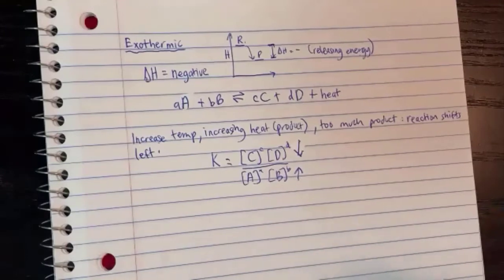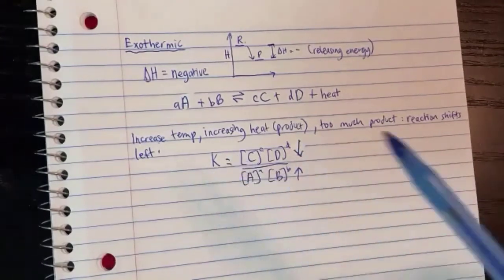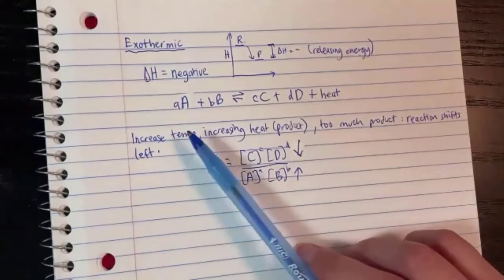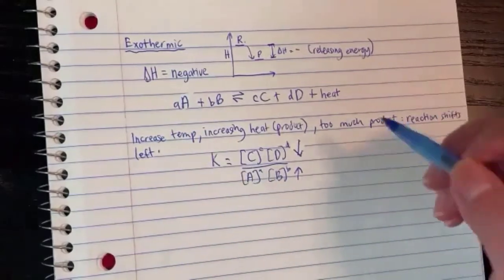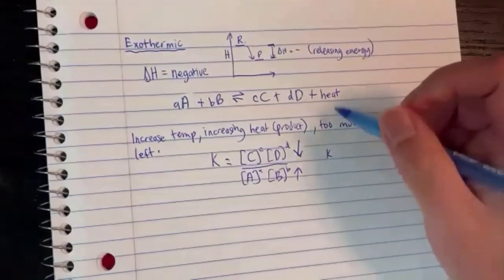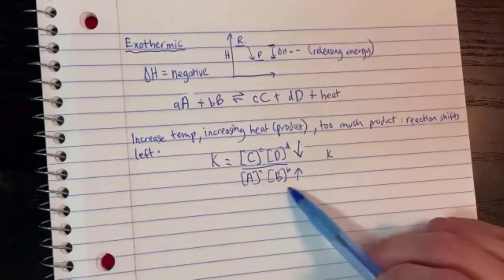You know how earlier we said if you don't change the temperature, it will just shift up and down, but it will go back to K. If you change the temperature, it actually doesn't go back to the original K. The K will change. So in this case, your K will be smaller because the top number will be small and the bottom number will get bigger.